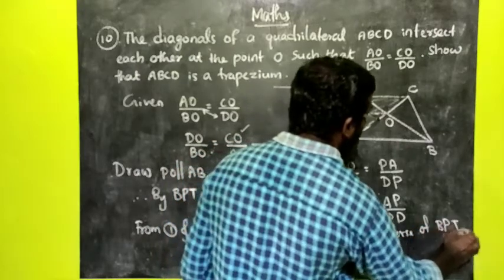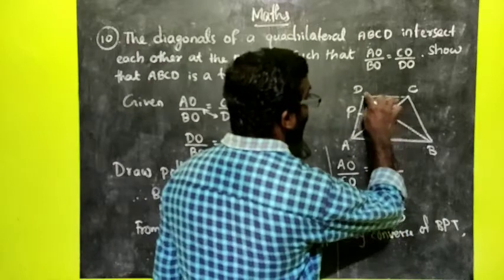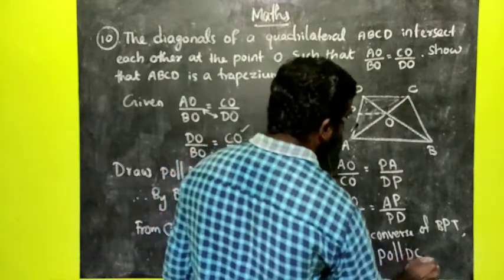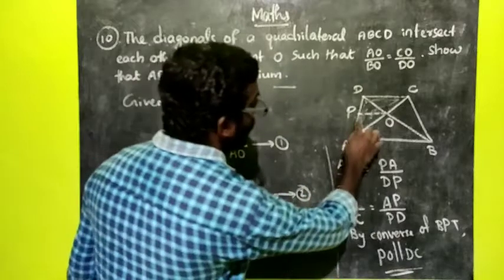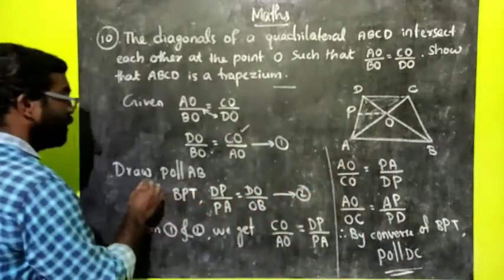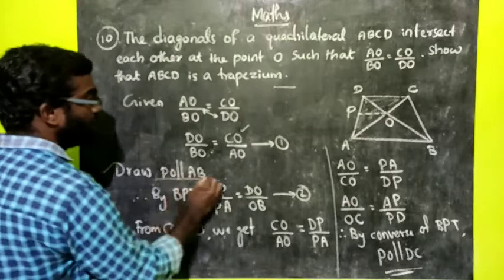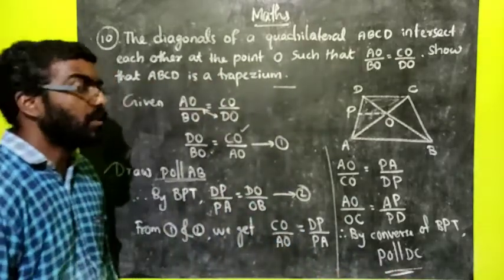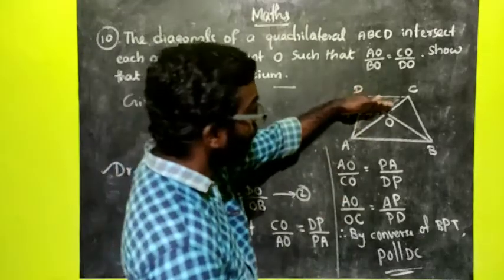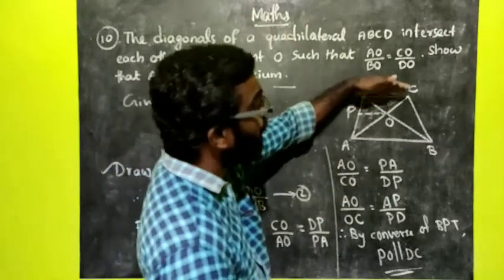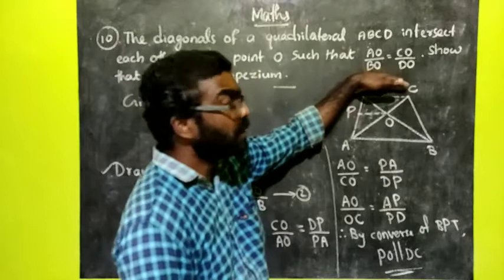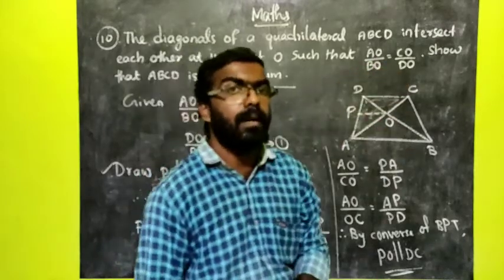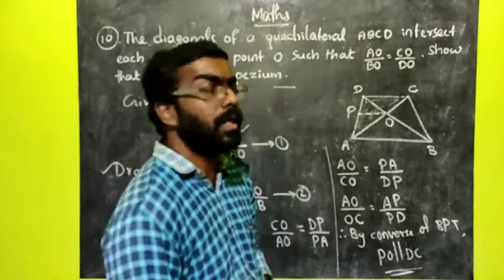Therefore, by converse of BPT, we can write this line PO is parallel to DC. PO parallel to DC. Okay, but we drew PO parallel to AB. By our construction, PO is parallel to AB. Here we proved PO is parallel to DC. Again the same theorem: lines parallel to the same line are parallel to one another.